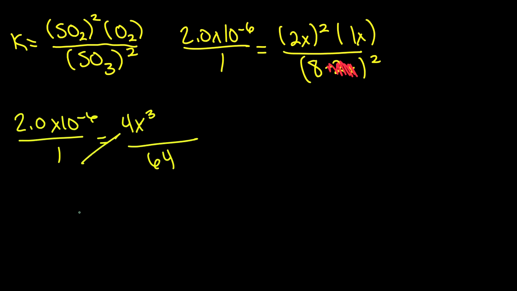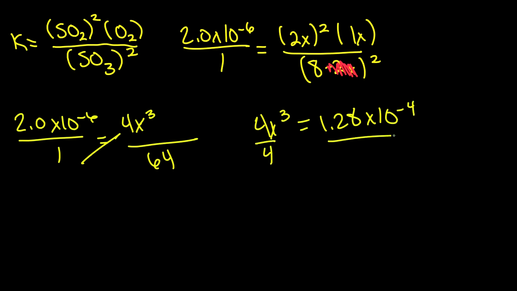Now we cross multiply. 1 times 4x cubed is 4x cubed. It's equal to 2.0 times 10 to the negative 6th times 64 is 1.28 times 10 to the negative 4th. Divided by 4. 4 cancels.